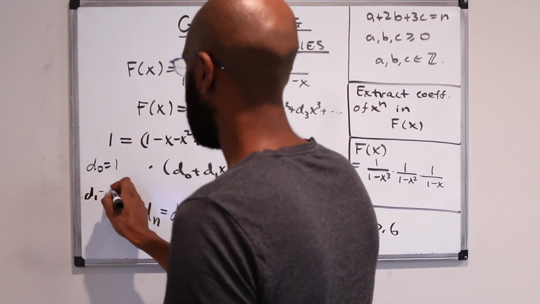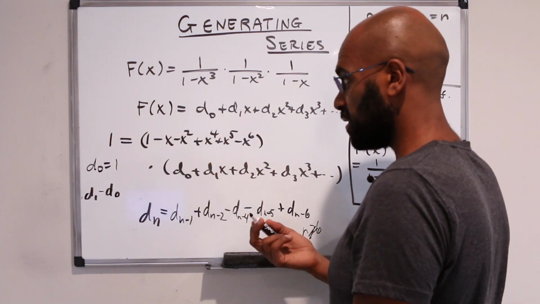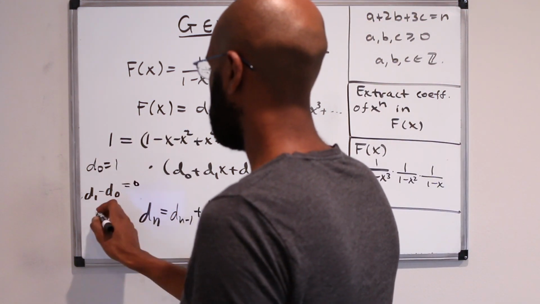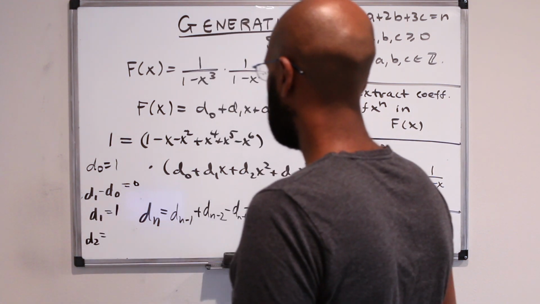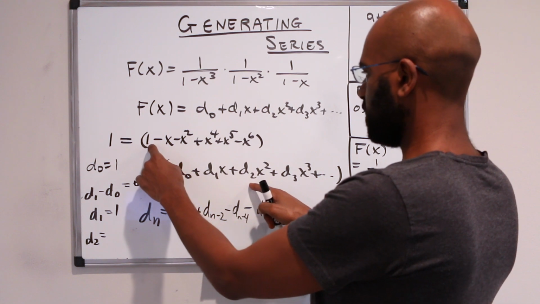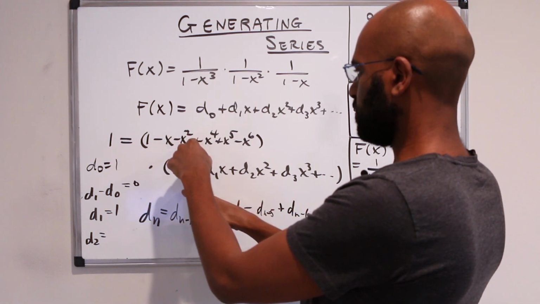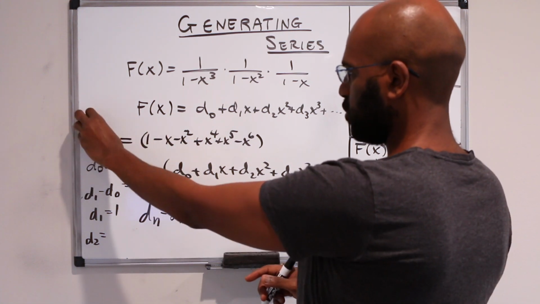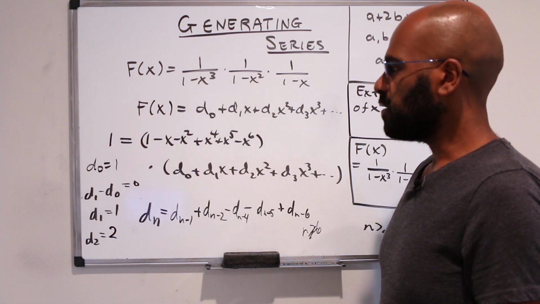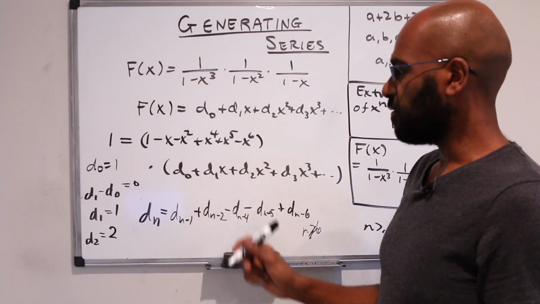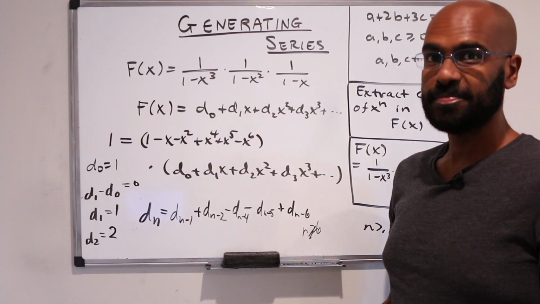So d sub 1 minus d sub 0 is whatever the coefficient on this side is, which is 0. So this is 0, and so we get d sub 1 is 1. And then d sub 2, by a similar argument, multiplying these, we have d sub 2 minus d sub 1 minus d sub 0 is the x squared term here, which is 0, so it's the sum of these two, we get 2. Right, and so we can keep doing this to figure out the first few coefficients, and then the rest we can use this recursion.